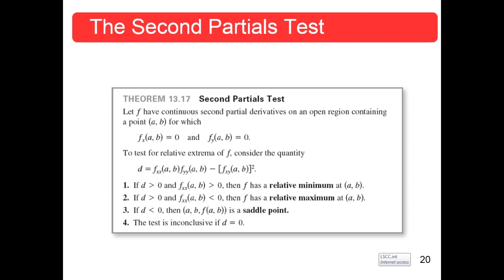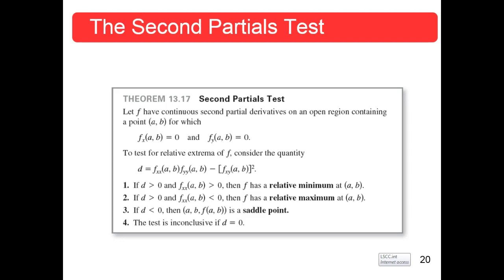Subtract from that the mixed partial f sub x y, and remember if this is a continuous function, continuous second partial derivatives, it doesn't matter which order you do that, f sub x y or f sub y x, it doesn't matter. But take that value and square it.